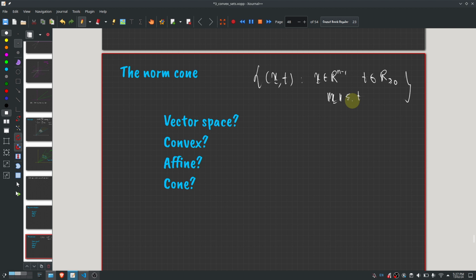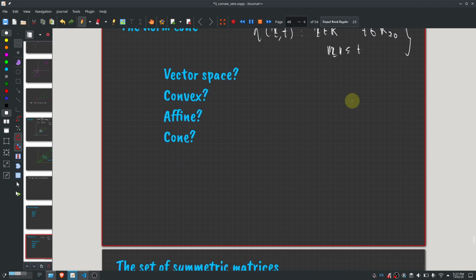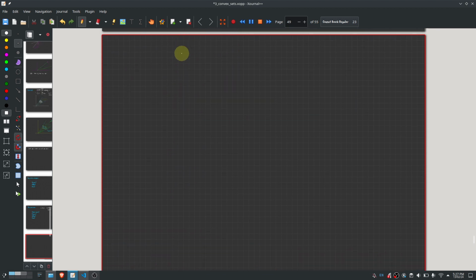In R2, what does this look like? This is the set of all (x, y) such that the norm of x, which is the absolute value of x, is less than or equal to y.